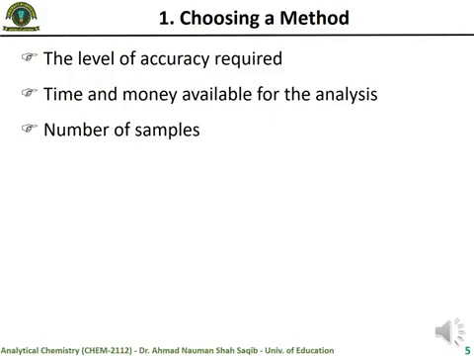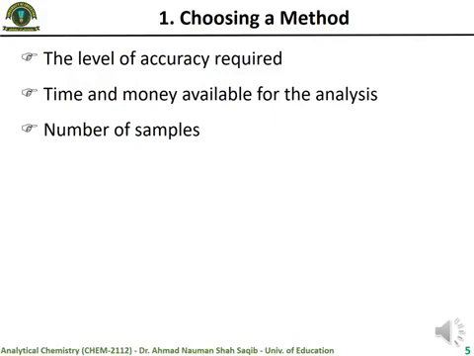For example, if we have only one sample to analyze, then for one sample हम एक ऐसा method use करेंगे कि जिससे हमें time कम लगे. For example, we can determine in 1 hour or 2 hours, and ऐसा method जिसके लिए हमें कोई preliminary treatment ना करनी पड़े.